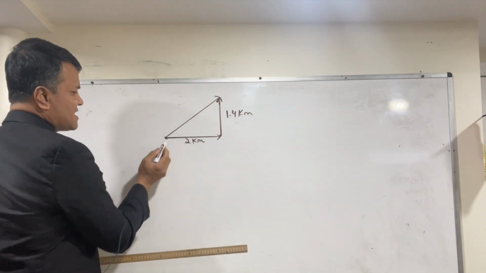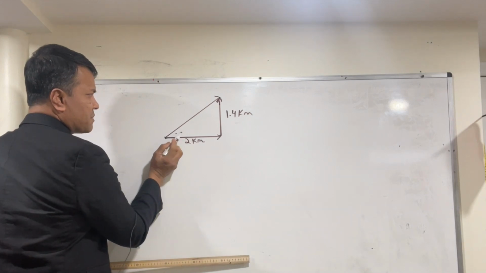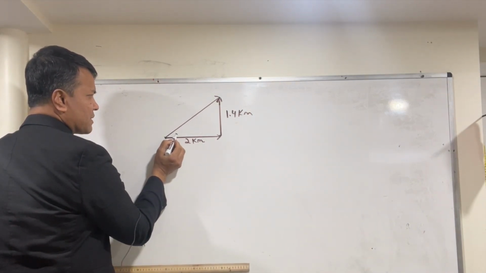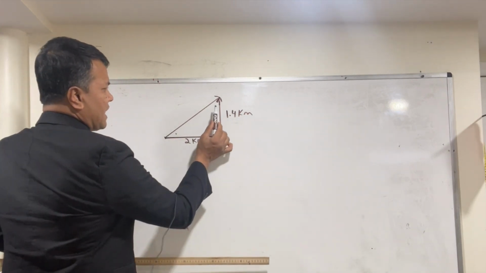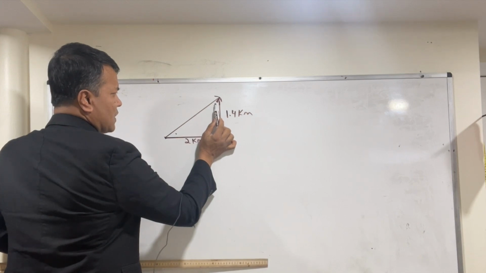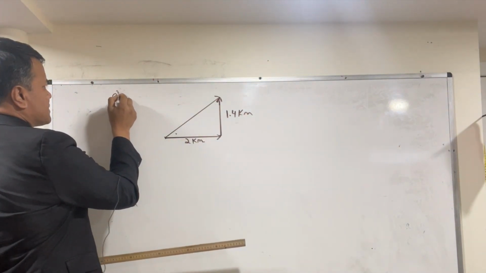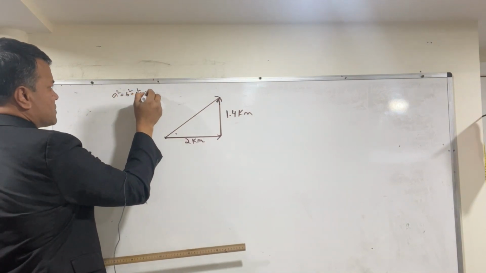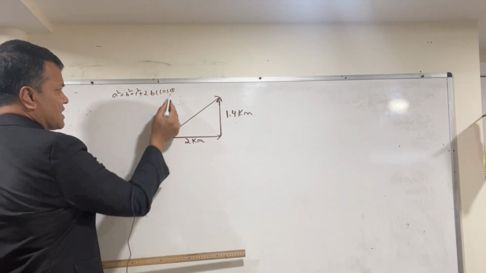Okay, this is the angle we use for parallelogram. Please understand that this is the angle we use for parallelogram. This is the angle we use for law of cosine. So when we talk about a squared is equal to b squared plus c squared plus 2bc cosine theta, then we use this angle.